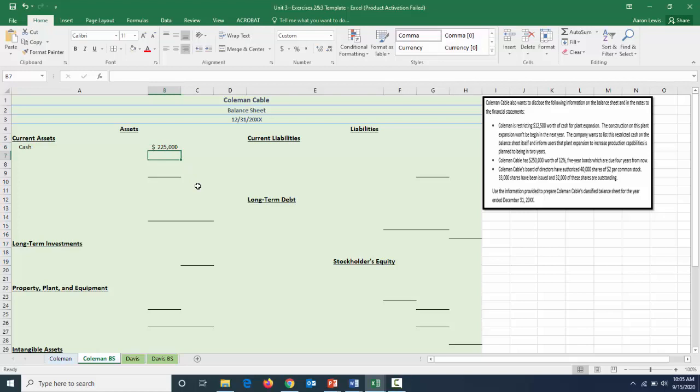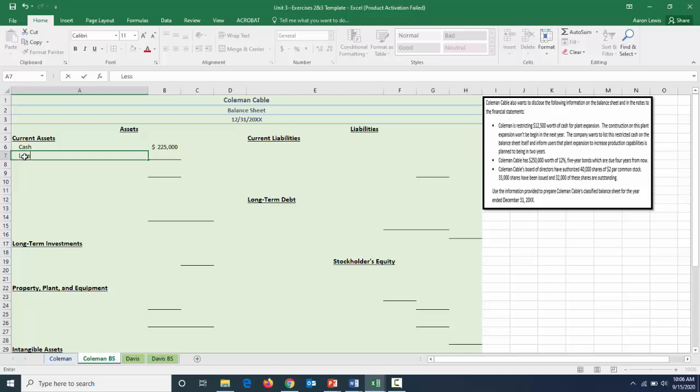Next up, we got to account for that restriction that we have. Coleman Cable is restricting $12,500 worth of plant expansion, which means of that $225,000 in cash we have, it's not all free cash. So we need to disclose to users of our information that some of that is restricted.